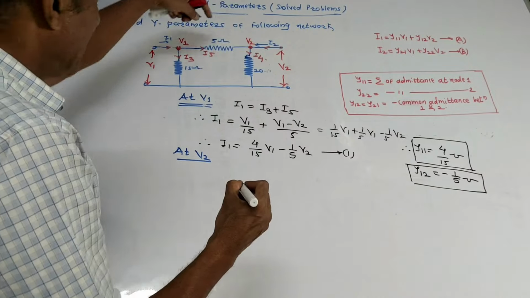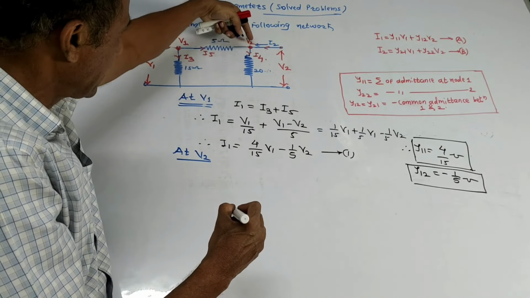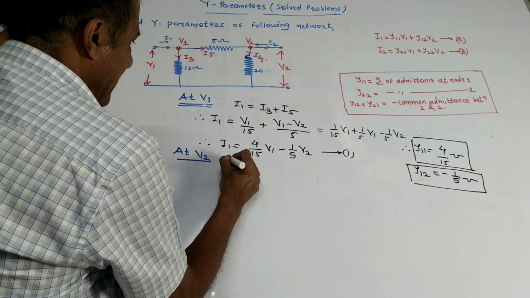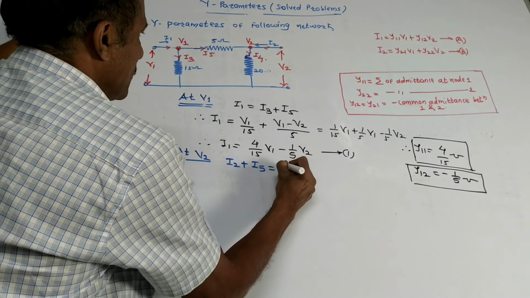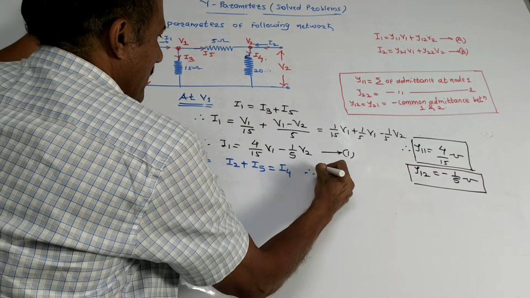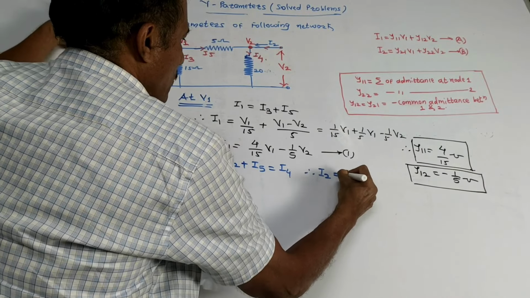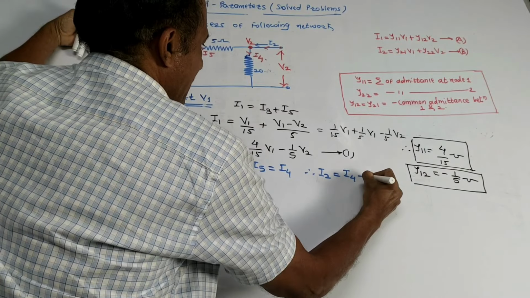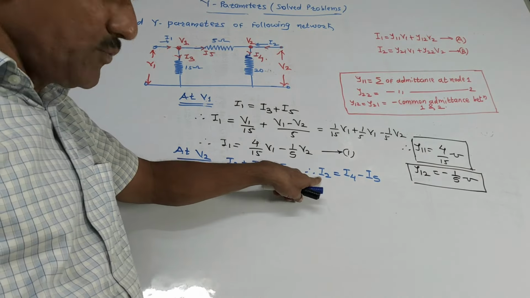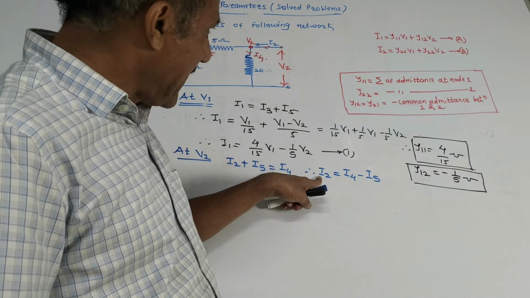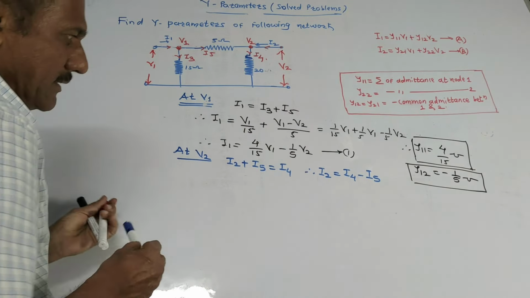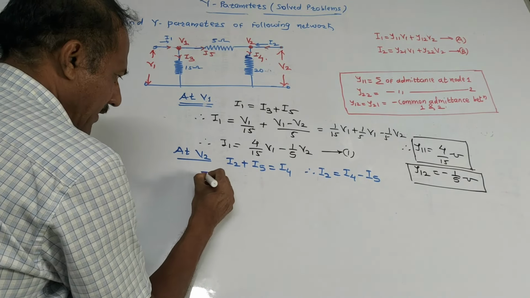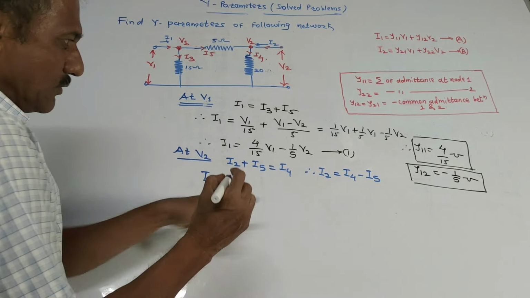If you apply KCL, look at the diagram. Incoming currents are I2 and I5. So I will write it like this: I2 plus I5 is equal to I4. Therefore, I2 is equal to I4 minus I5. Like the previous case, we will keep I2 at the LHS as it is because we have to compare it with equation B. So I will write the next equation as I2, keeping it as it is, equals to I4.